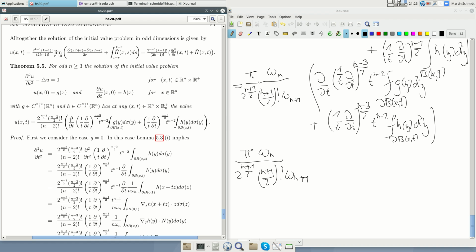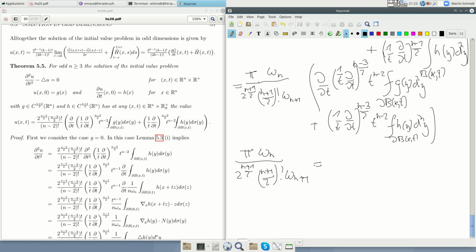Then it should be this factor. This is what we have to prove: n minus 3 half faculty divided by n minus 2 faculty.